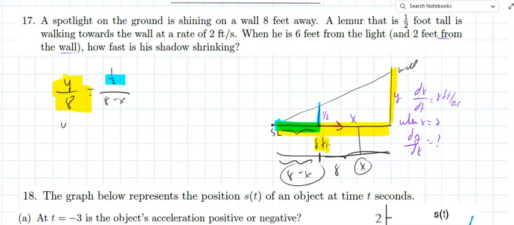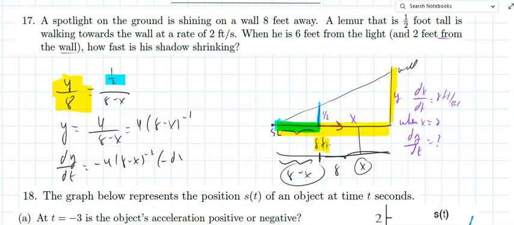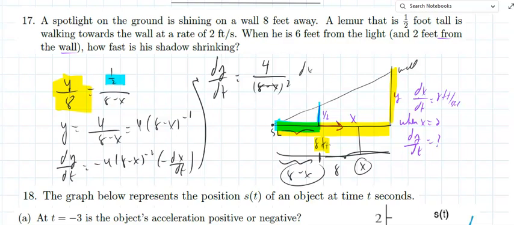And if I multiply by 8 both sides, and if I take a derivative, dy/dt is 4 divided by (8 minus x) squared times dx/dt.